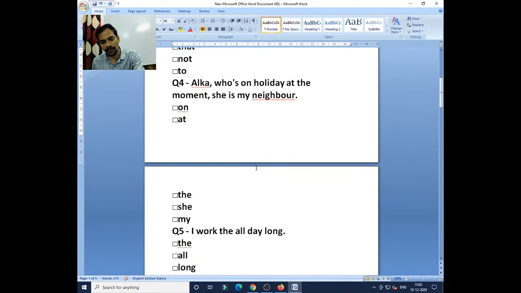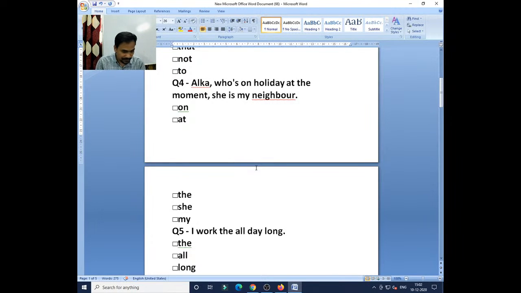This is called an identical noun phrase in English grammar. So the "she" word is to be removed. Clear? Alka, who is on holiday at the moment, because this tells you about Alka, no need to repeat it. So this part will be removed so that it can be grammatically correct.